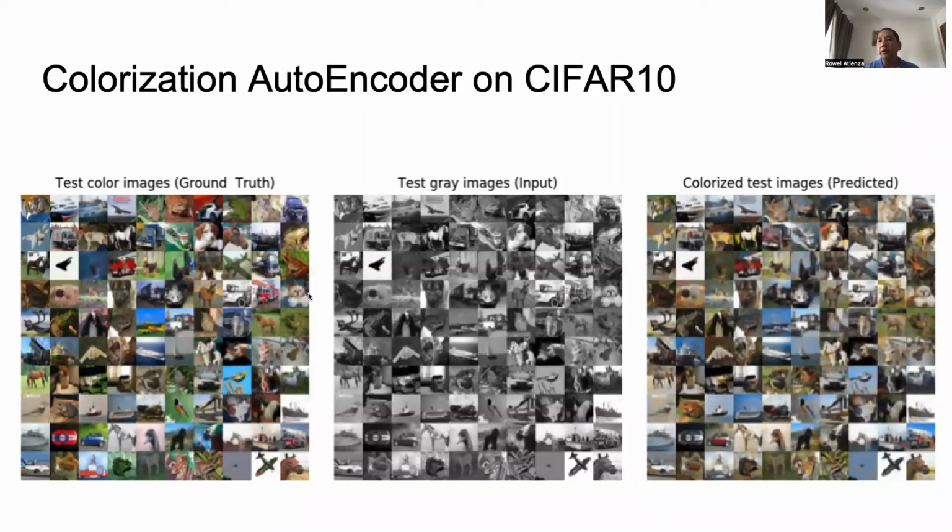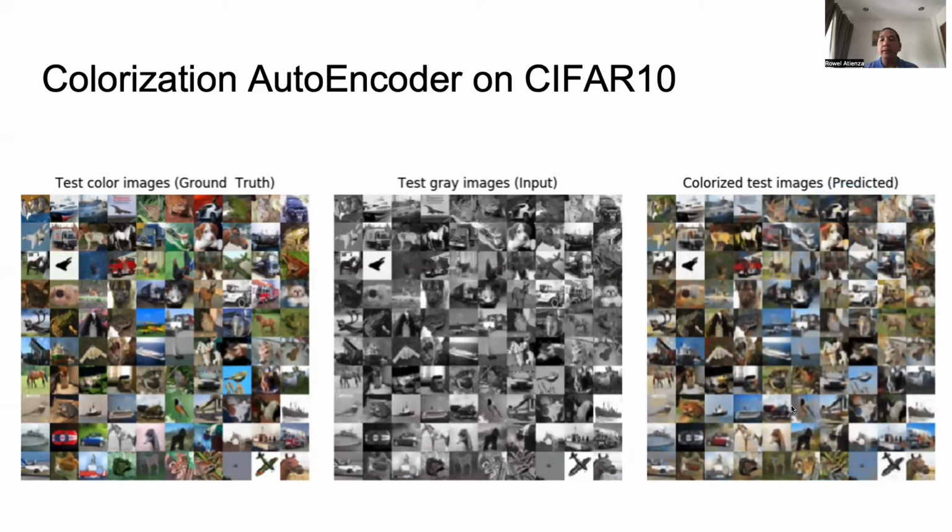This is the result of the colorization autoencoder on the CIFAR10 dataset. At the leftmost, we see the ground truth color images. At the middle are the grayscale images. At the rightmost, we can see the colorized grayscale images.